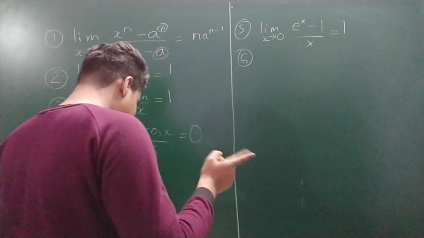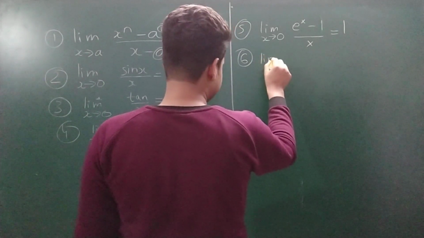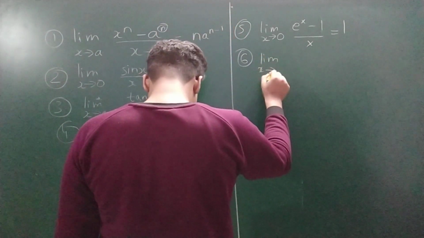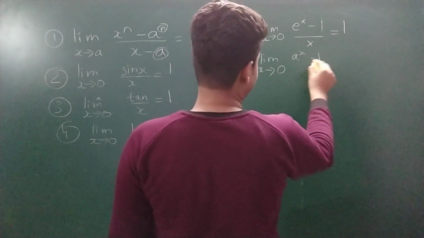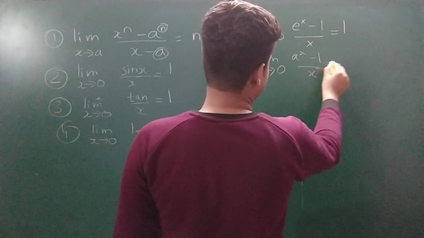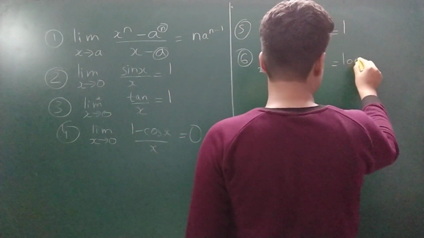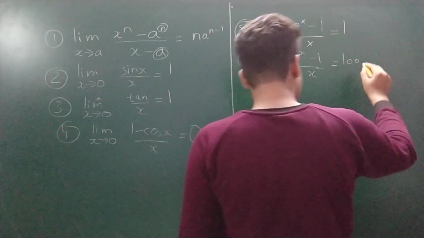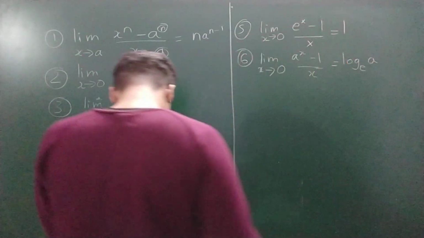The sixth formula is based on log, that is limit x tends to 0 of (a^x minus 1) upon x. This is equal to log base e of a.